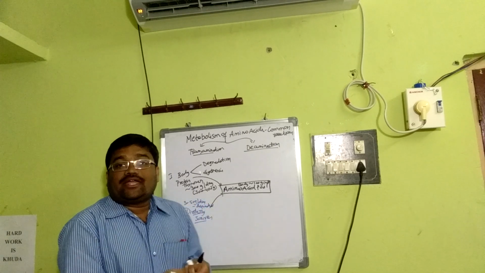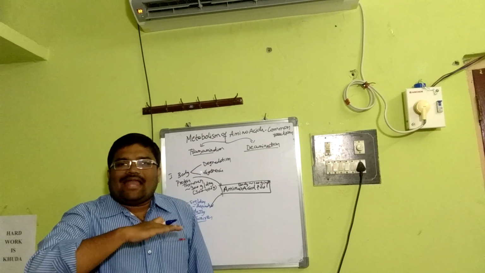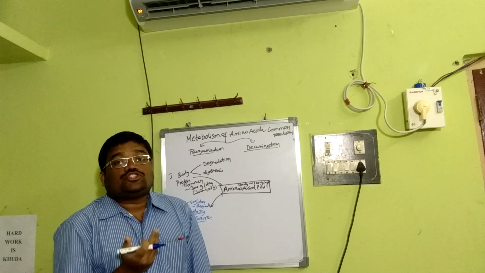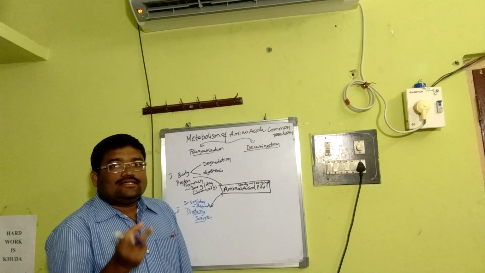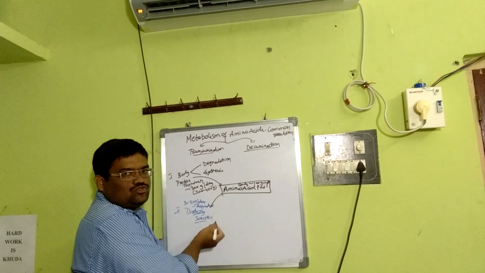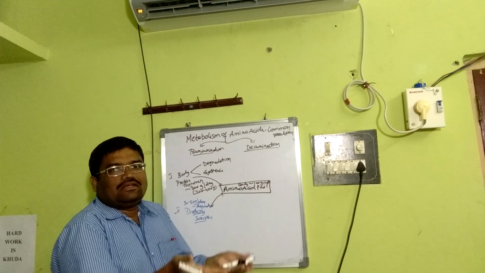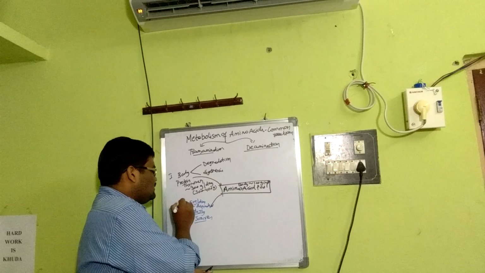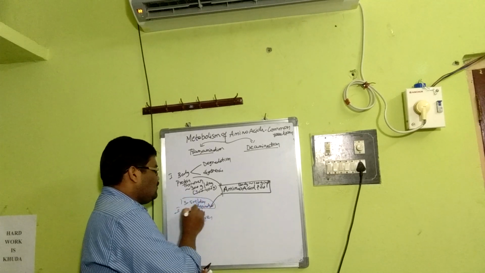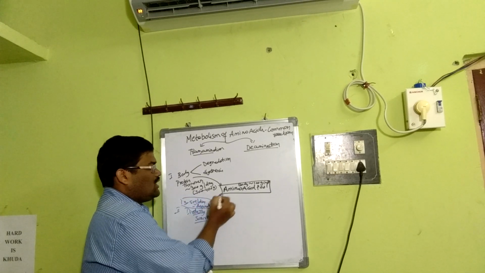The same we have to get through diet to balance the nitrogen content. This is essentially through an external, dietary source, to make up these nitrogen sources. To counter this we have to get dietary sources, and it is one of the sources for the amino acid pool.